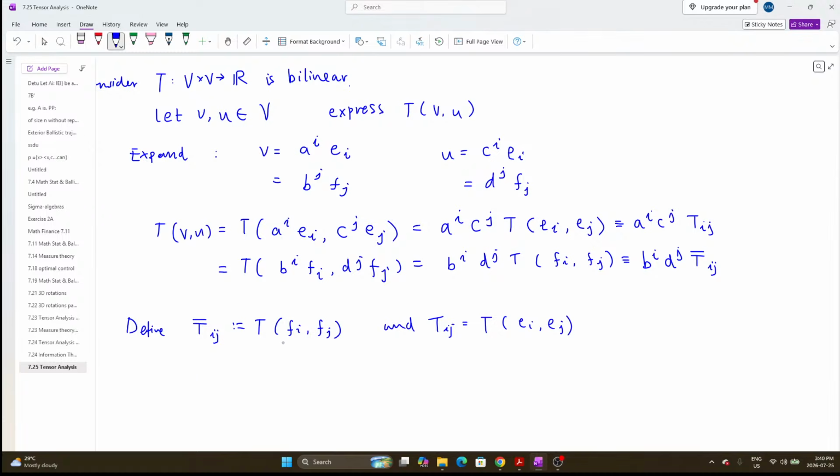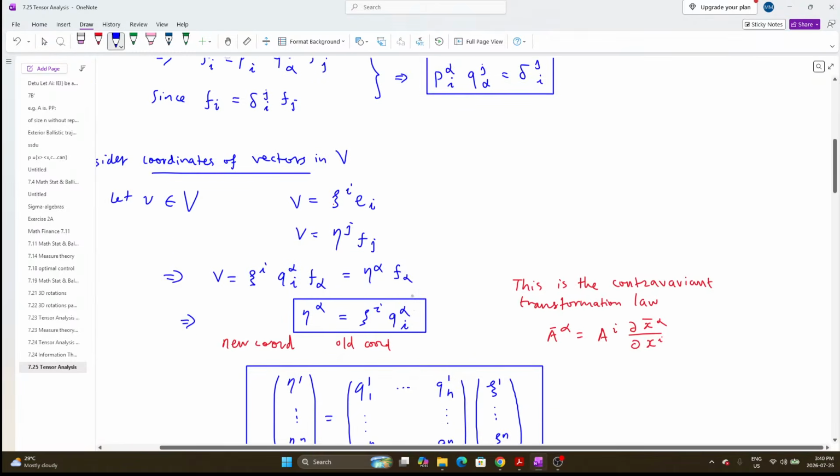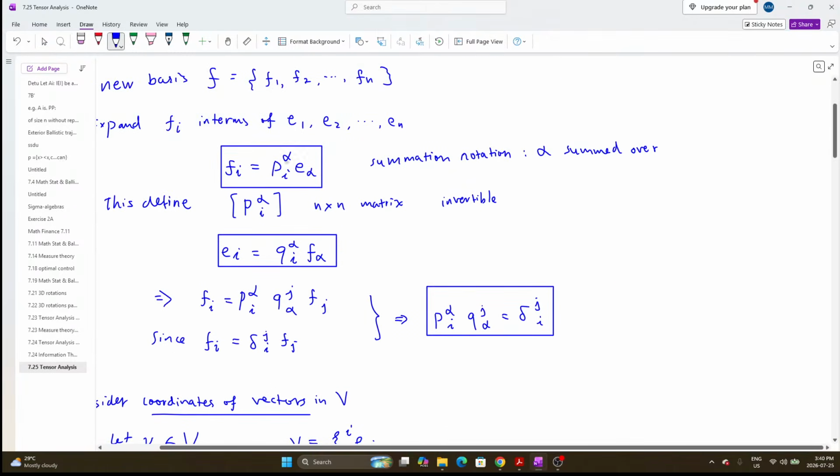So let's use just the basis transformation. Recall, this is F in terms of E.